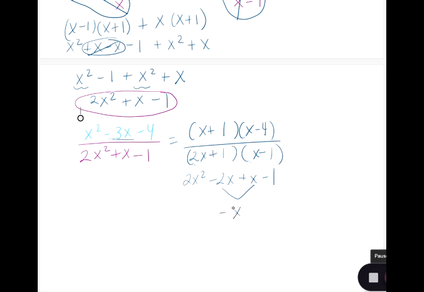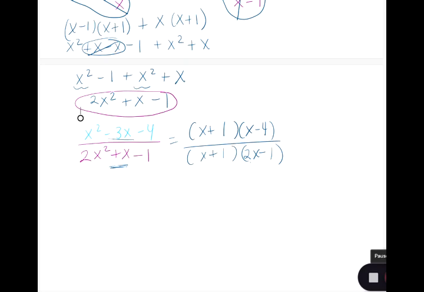So this is not where I want my 2 to be, because I need a plus x. So if I take my 2 out and I put it here, do the same thing, I get 2x squared minus x plus 2x minus 1. Now combine these two and I get a plus x instead of a negative x. So please make sure that you're checking, if you are doing guess and check, to get the right factors.